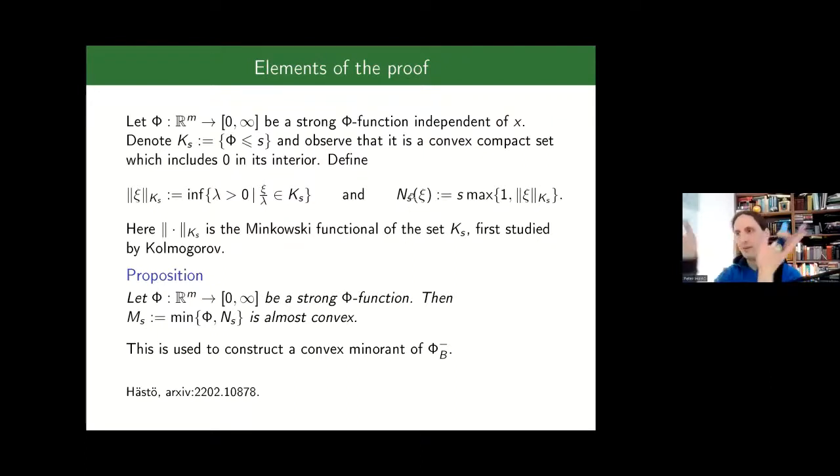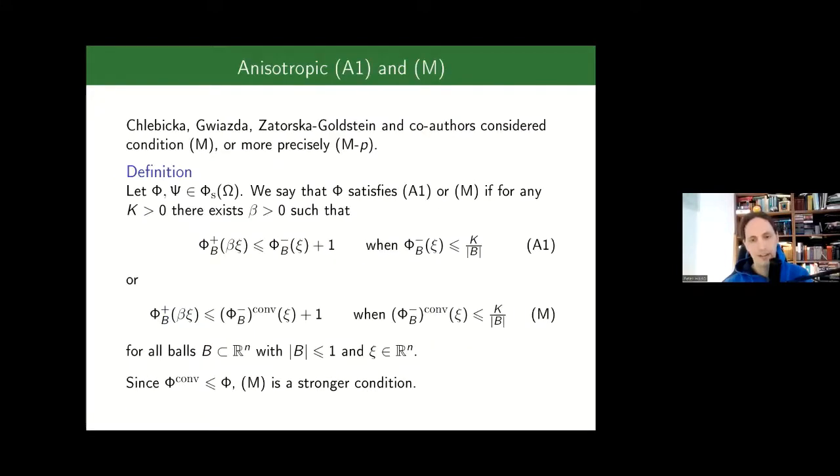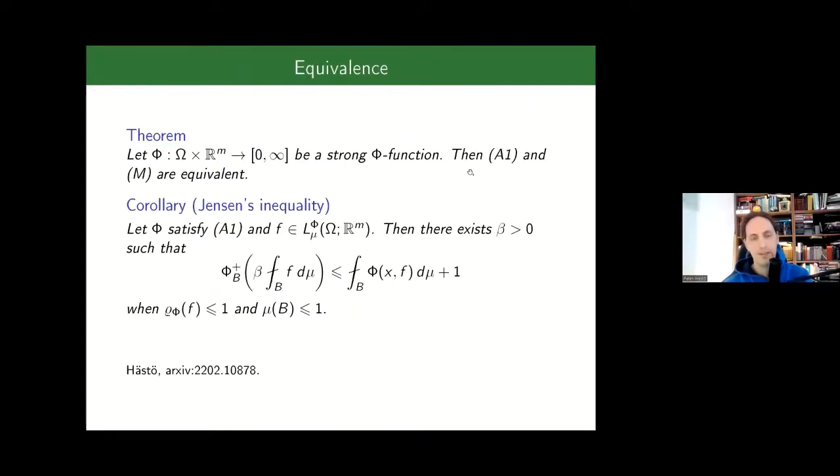So basically the original function, which is somehow convex, we kind of cut it along this surface and then take outside just this linearly growing piece. And then show that this is almost convex, and then use this result, that it is comparable to its greatest convex minorant, and that gives this result.